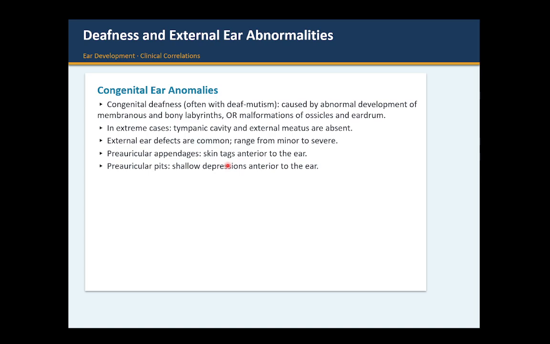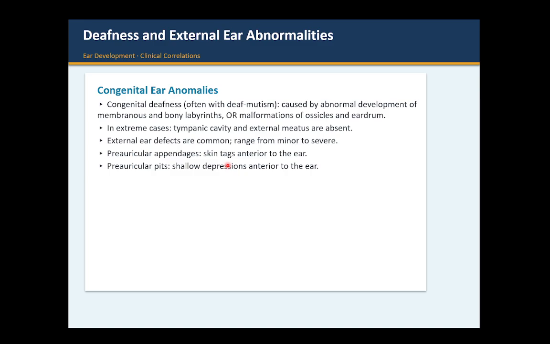Congenital abnormalities. So congenital deafness, often with deaf mutism. If you are deaf, you might be mute also, because if there is a congenital deafness, you cannot hear anything. So how would you learn the language? So deaf mutism is usually together, caused by abnormal development of the membranous and bony labyrinth.